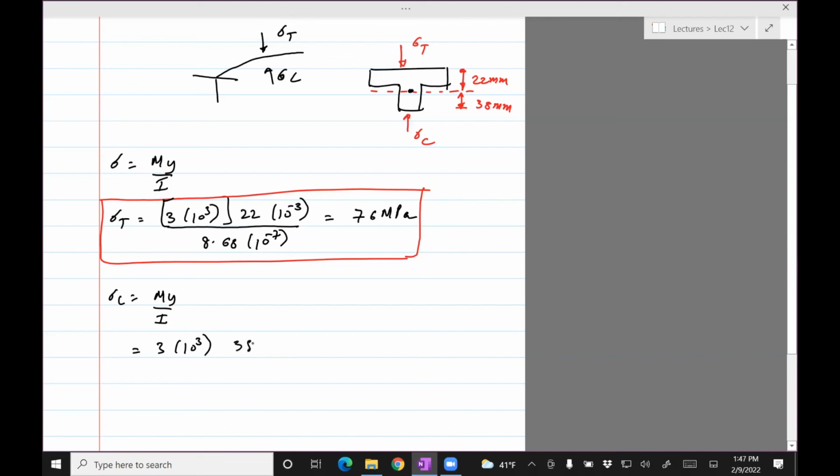So 38, 10 raised to negative 3, divided by the inertia, it's the same, 8.68. Okay, and then plugging in the numbers gives me 131.3 MPa.